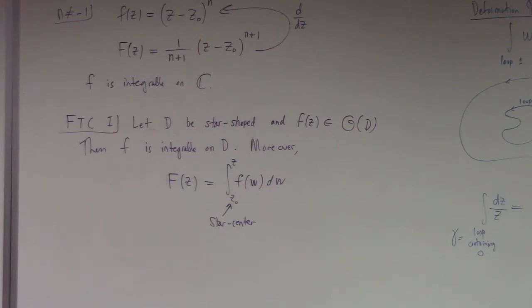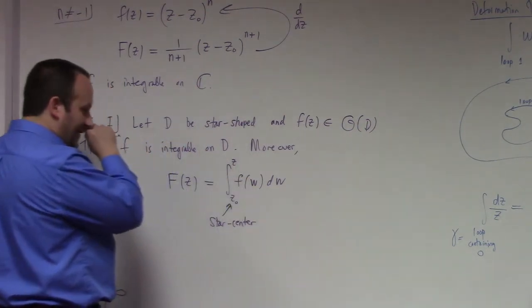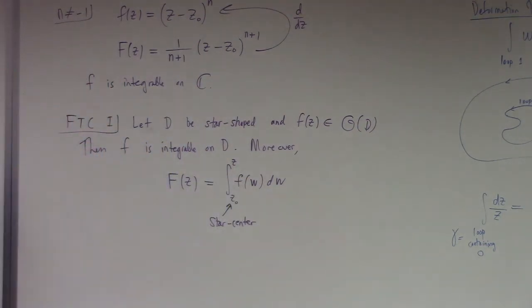Now, how do you prove that? Well, I honestly think we've already proved this in some sense in chapter 3, if you really sort through it. But if I can show that f(w) dw is a closed form, then that would imply this result, right?